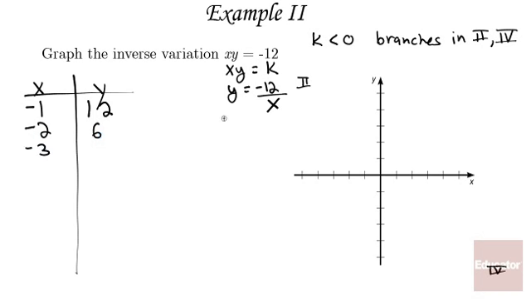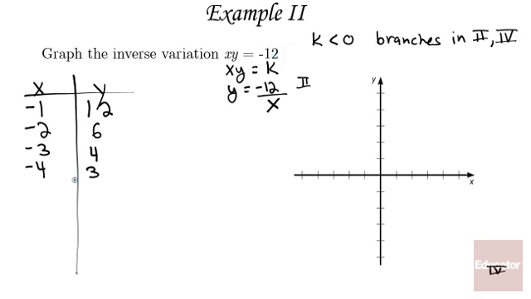When x is negative 3, y is 4. When x is negative 4, y is 3. I'm going to go for some positive values. And there's not going to be a 0, because if I made this 0, I would just get 0 over here, and k cannot equal 0.